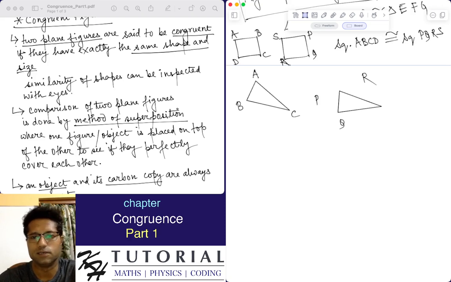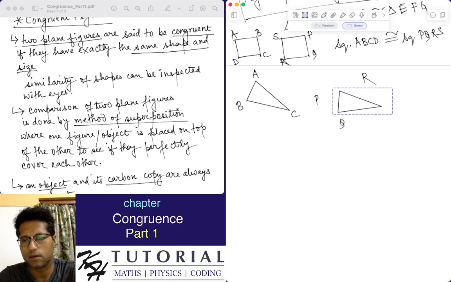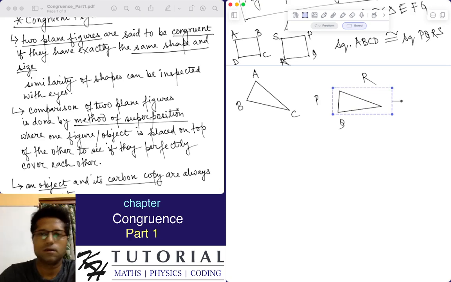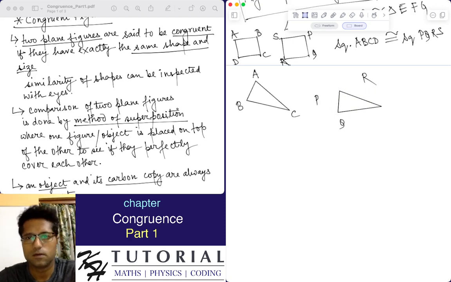And also you can see that, let's say from this triangle ABC, I create a duplicate, and then I change its size.